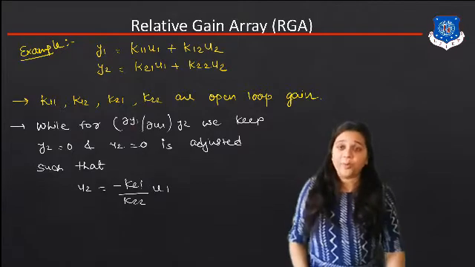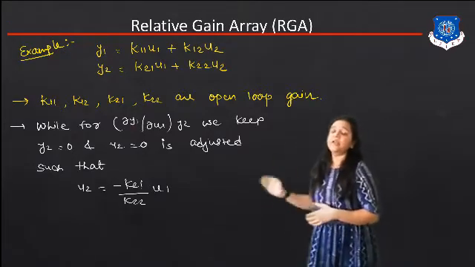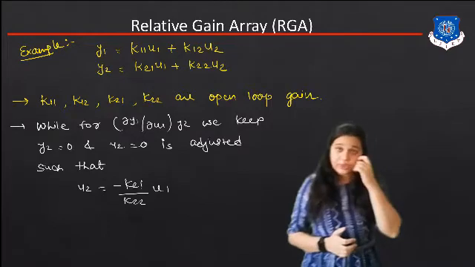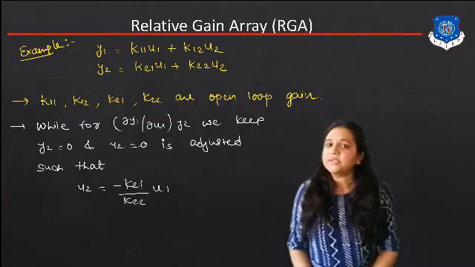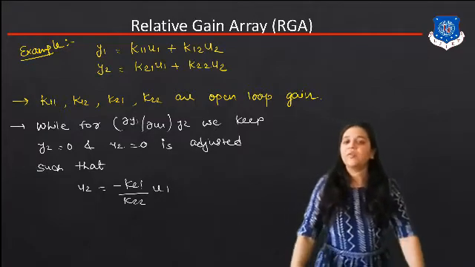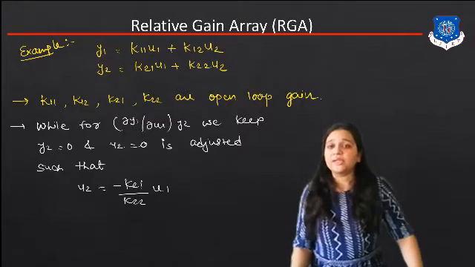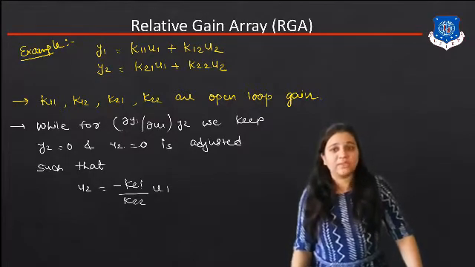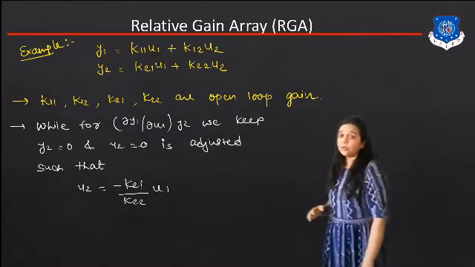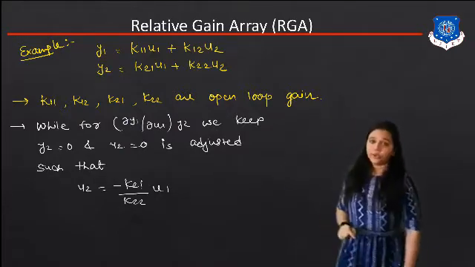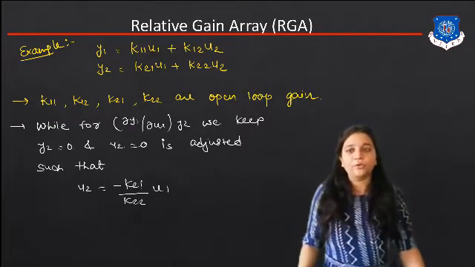For more understanding, we can take one example using the multivariable controller. Here two equations are given, y1 and y2. y1 is equal to k11 u1 plus k12 u2. y2 is equal to k21 u1 plus k22 u2. Now what are k11, k12? k11, k12, k21, k22 are open loop gains.